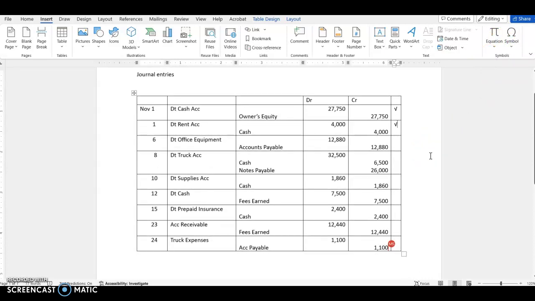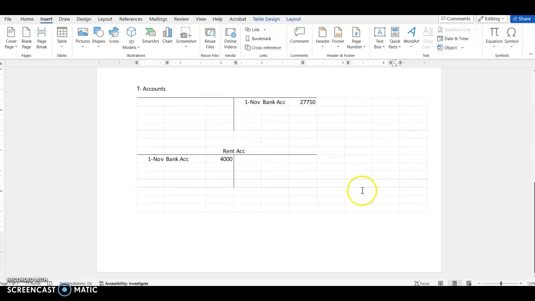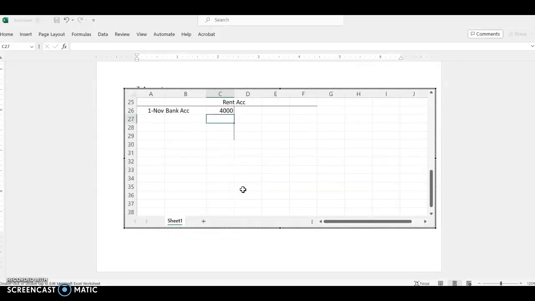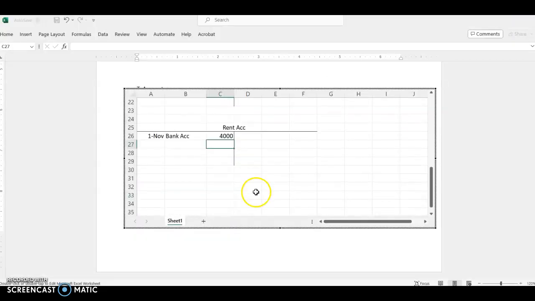Okay, on the 6th, office equipment, so we have to prepare another account. Office equipment.